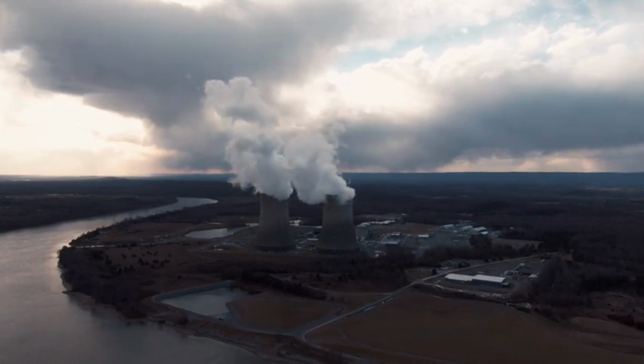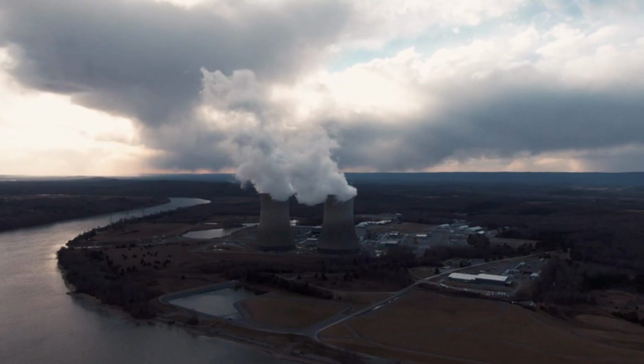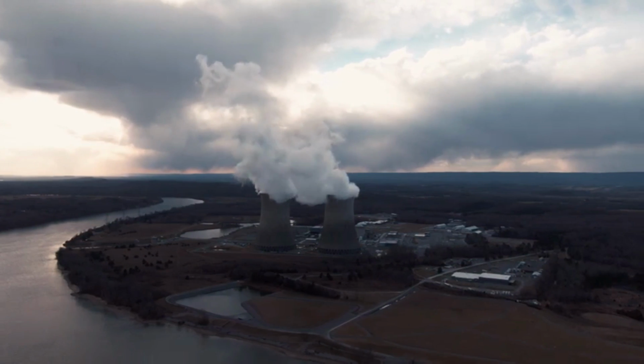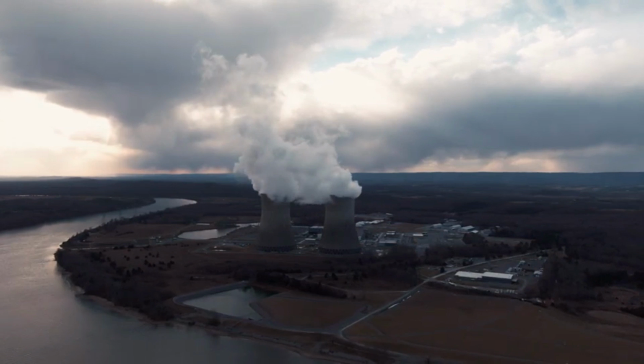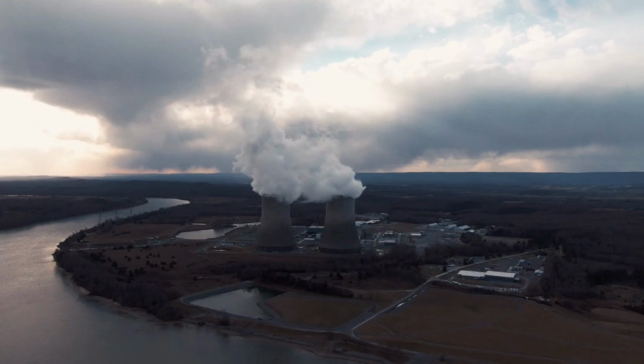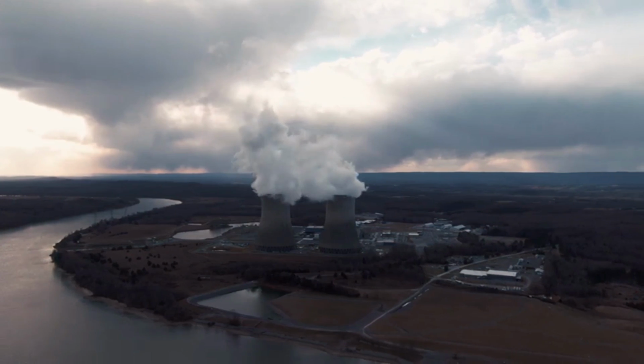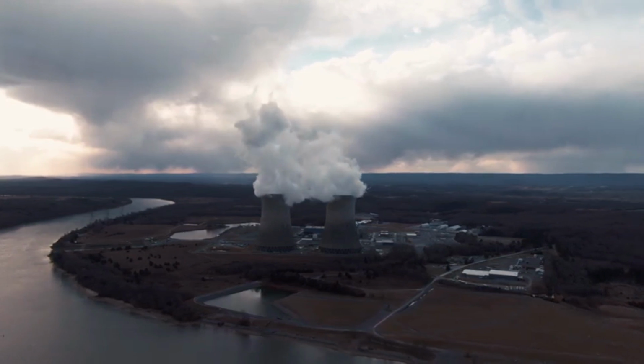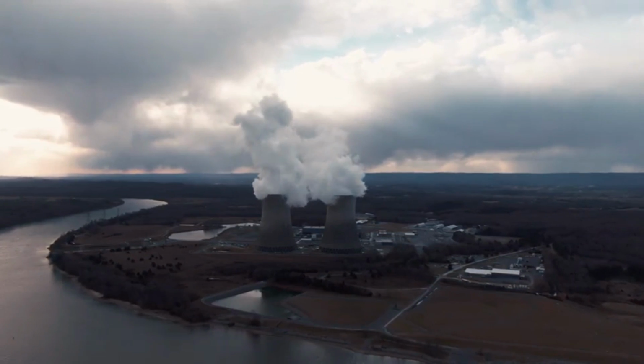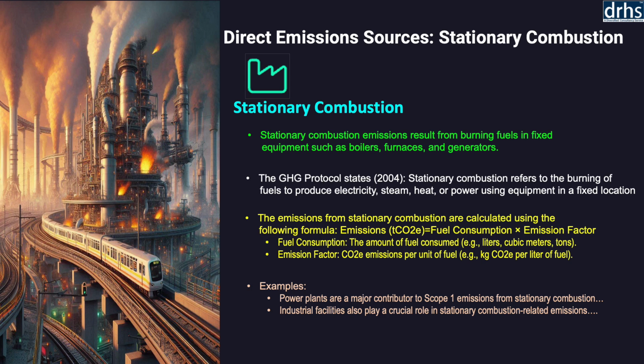Coal-fired and natural gas-fired power plants in particular release substantial amounts of CO2 into the atmosphere during the combustion process. Efforts to reduce emission from power plants often involve transition to cleaner energy sources like renewable energy such as solar, wind or hydro, and improving the efficiency of existing power plants.